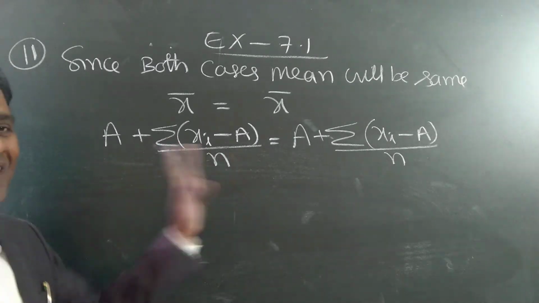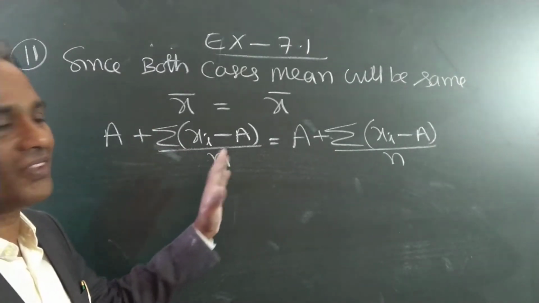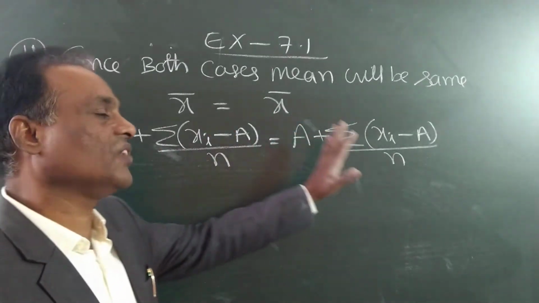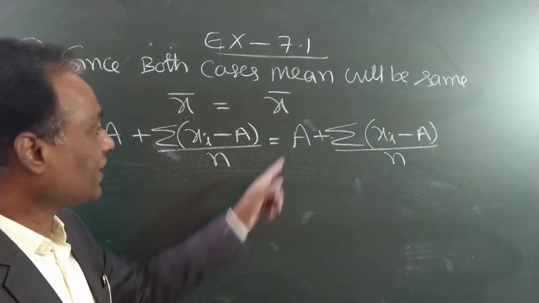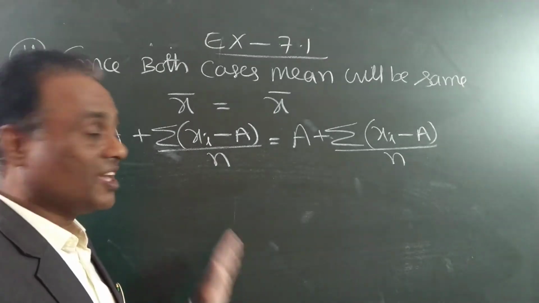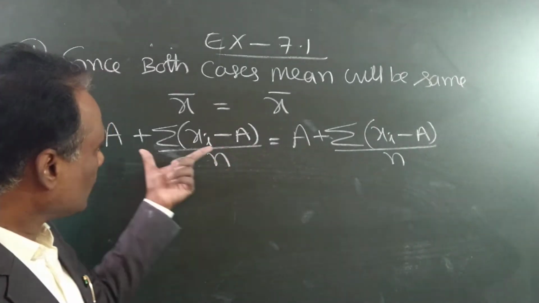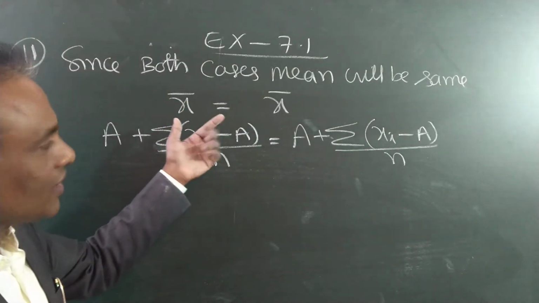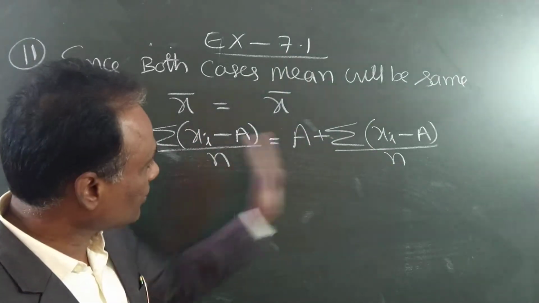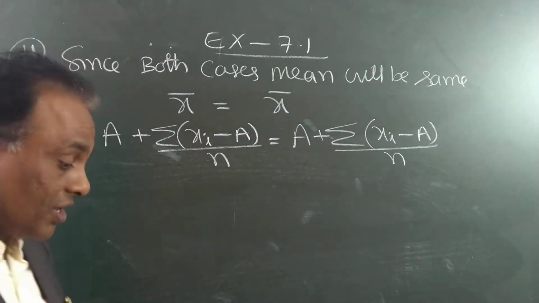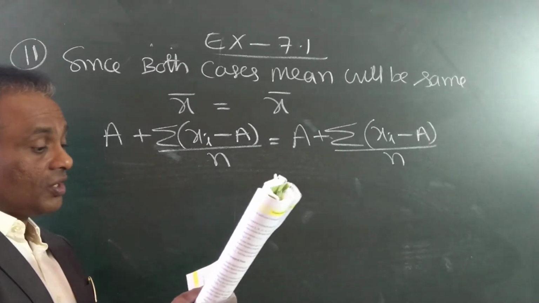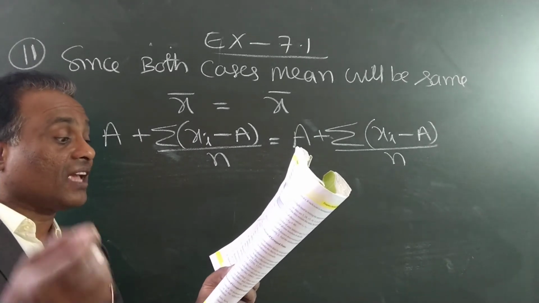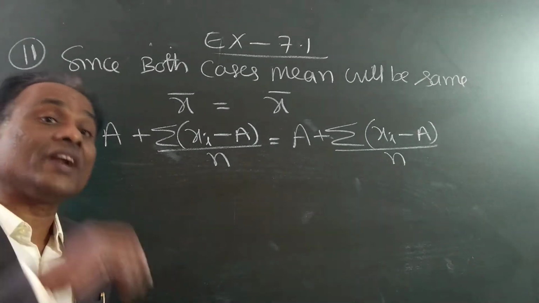For the same problem, same data, we calculated two times, using different A values. But the answer will be same, no? So you take any a value, or if you change the a value, in both cases the answer will be same. First time, see the question. Sum of the deviations of n observations from 25.